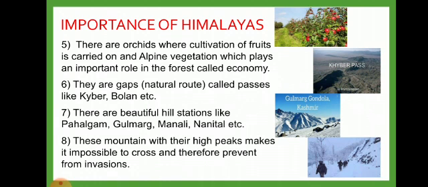Sixth, there are gaps, natural routes called passes, like Khyber, Bolan, etc. Seventh, there are beautiful hill stations like Pahalgam, Gulmarg, Manali, Nainital, etc. Eighth, these mountains with their high peaks make it impossible to cross and therefore prevent foreign invasion.